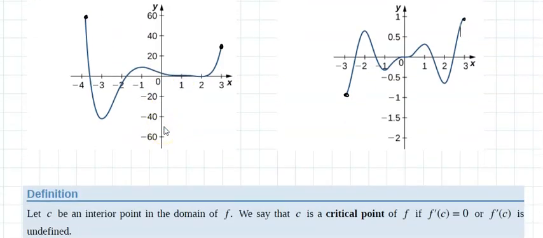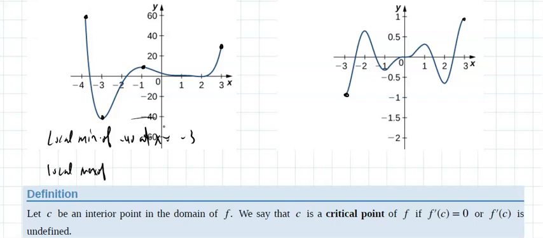So on this problem, we notice we have a local minimum. Isn't this a minimum right there, of negative 40 at x equal negative 3? We go up, that's a maximum. We have a local maximum of, what does that look like?